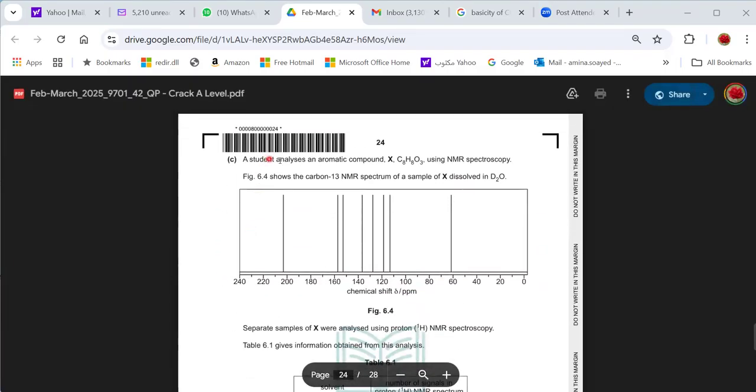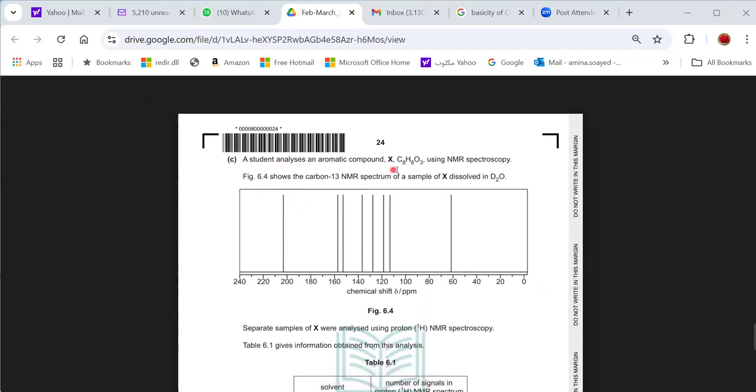Now they said the student analyzes an aromatic compound X, C8H8O3, using NMR spectroscopy. Figure 6.4 shows the carbon-13 NMR spectrum of a sample of X dissolved in D2O.